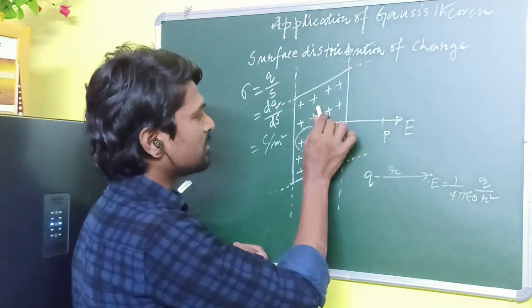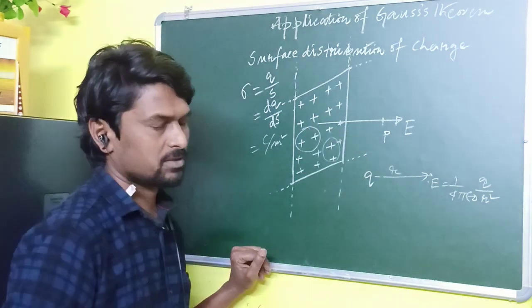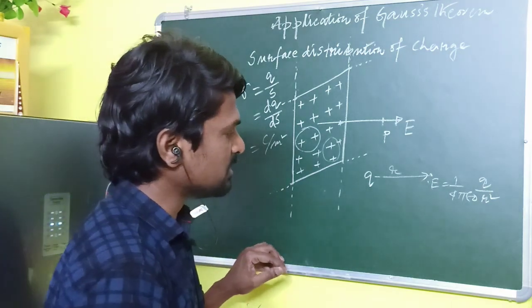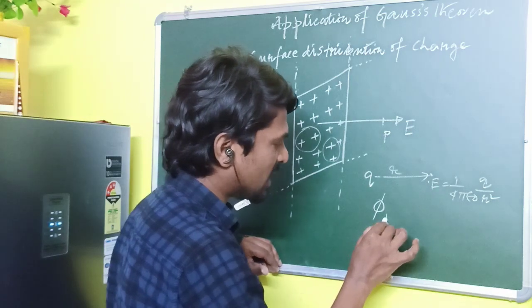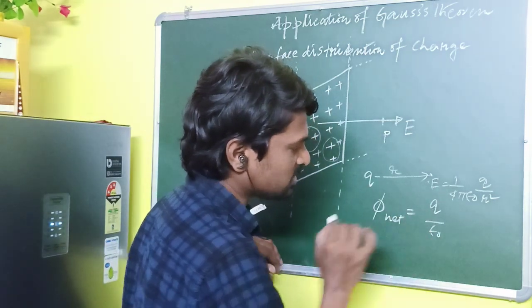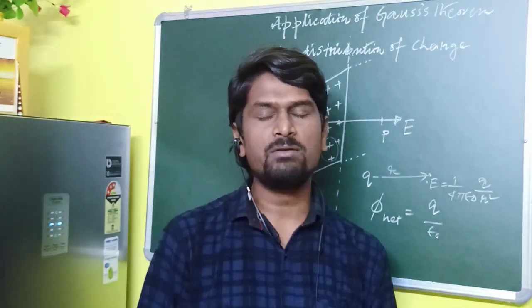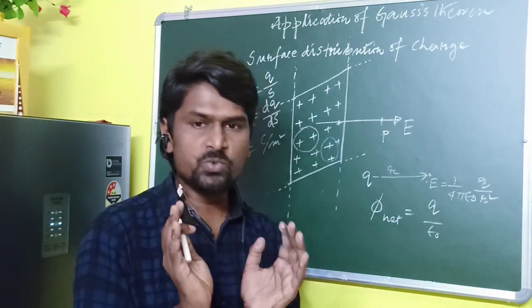First of all, you have to consider a Gaussian surface. What is a Gaussian surface? Gauss's theorem states that phi net equals q by epsilon naught, and you apply Gauss's theorem only when the charge is enclosed within a surface.